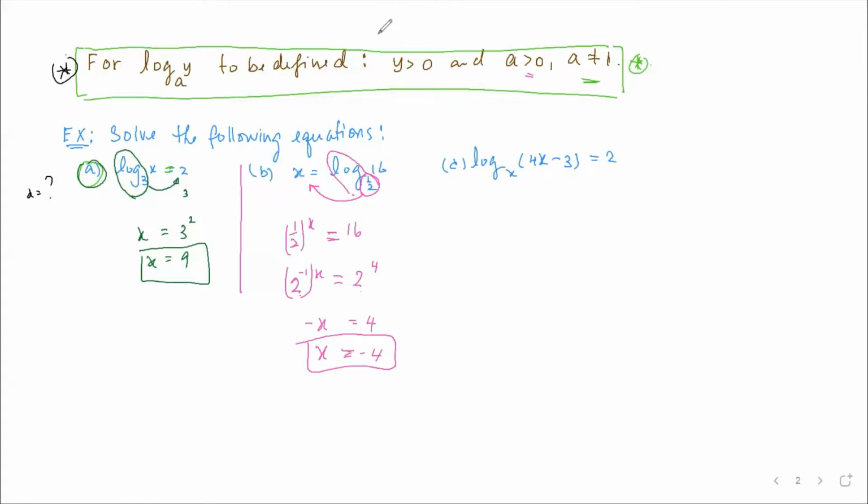Now, the next one. Question C. Solve for x also. Do the same way. See where the base is. The base is really important when you do logarithm and exponent. The same thing. You remember when we solved the exponent questions, we always observed the base.